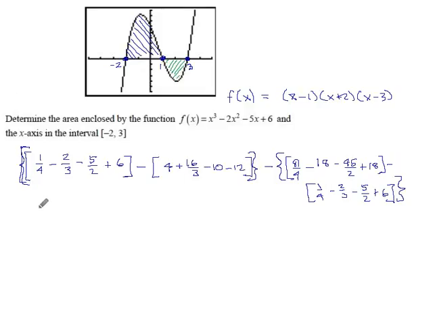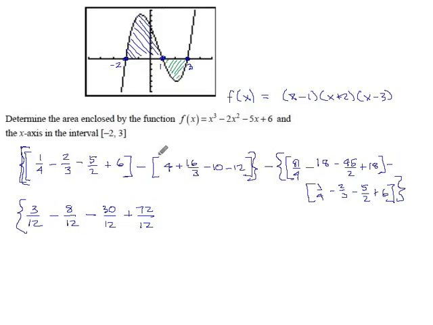Okay, so my common denominator for all of this is going to be twelfths, so I'm going to turn every single thing here into twelfths. 1/4 is 3/12. 2/3 is 8/12. 5/2 is 30/12. And 6 is 72/12.